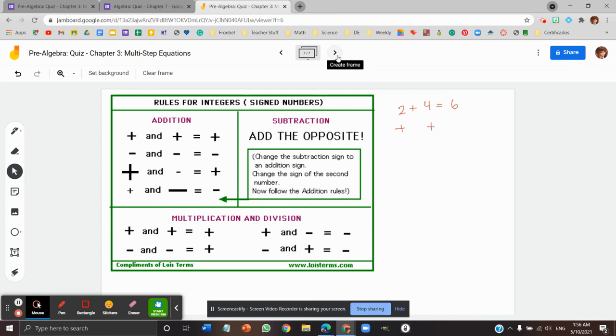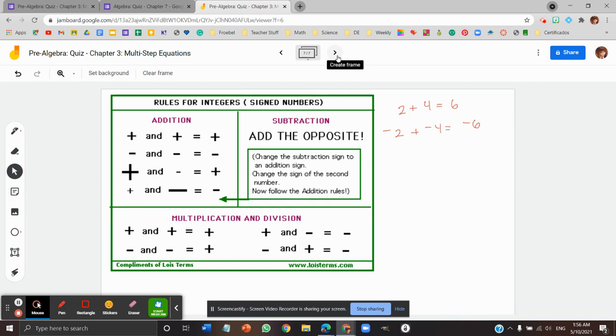I am adding them, therefore my answer is positive. If they were negative, right? -2 plus -4. Again, I can't add them because they have the same sign. -2 plus -4 is -6.